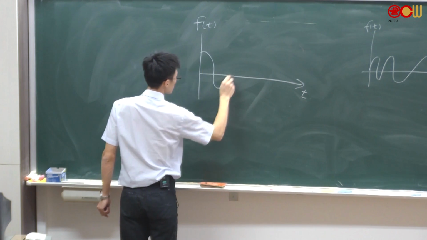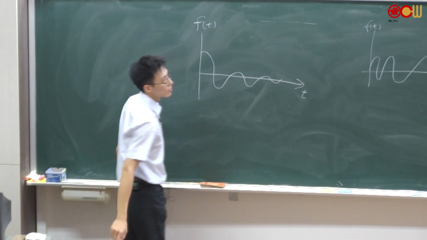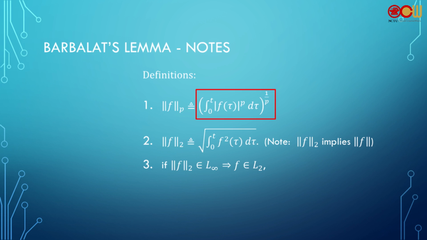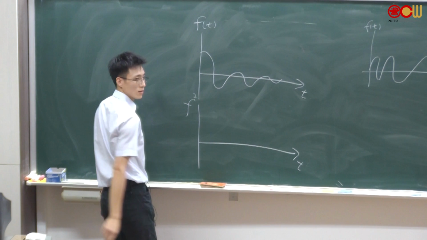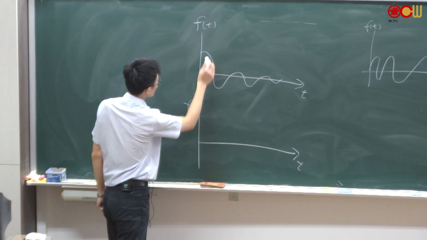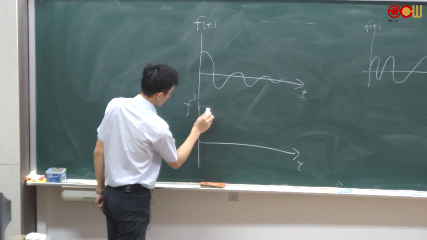If f is this function, what is this for p equal to 2? What do you think? The integral from 0 to t of f squared, right? So if this is f, what is f squared?